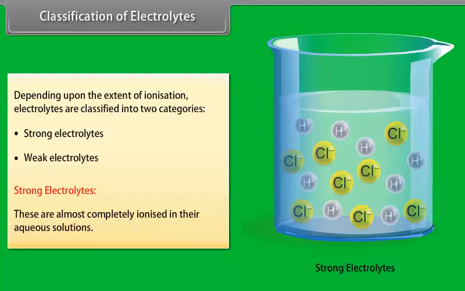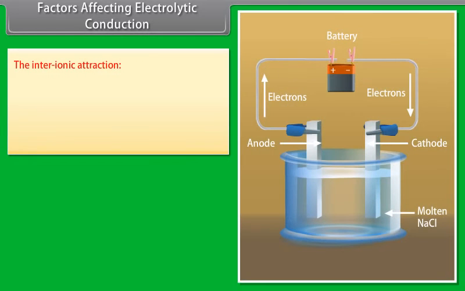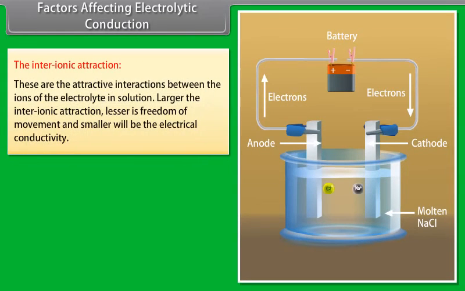Conductors. The substances which allow the passage of electricity through them are called conductors. The conductors can be classified into two categories: metallic conductors and electrolytes. Metallic conductors are those metallic substances which allow the passage of electricity through them without undergoing any chemical change. The conduction through metals is due to the movement of electrons in the metallic crystals.